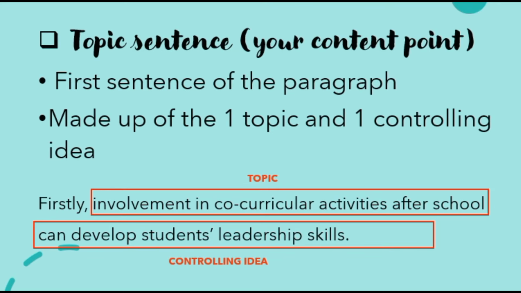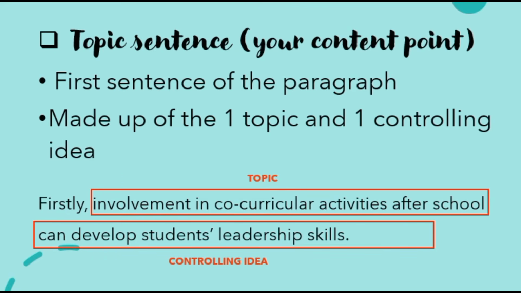One is the topic, and the next is the controlling idea. The topic here is involvement in co-curricular activities after school, and the controlling idea is it can develop students' leadership skills. So this is the controlling idea, as you believe that the advantage of co-curricular activities is that it can develop students' leadership skills.